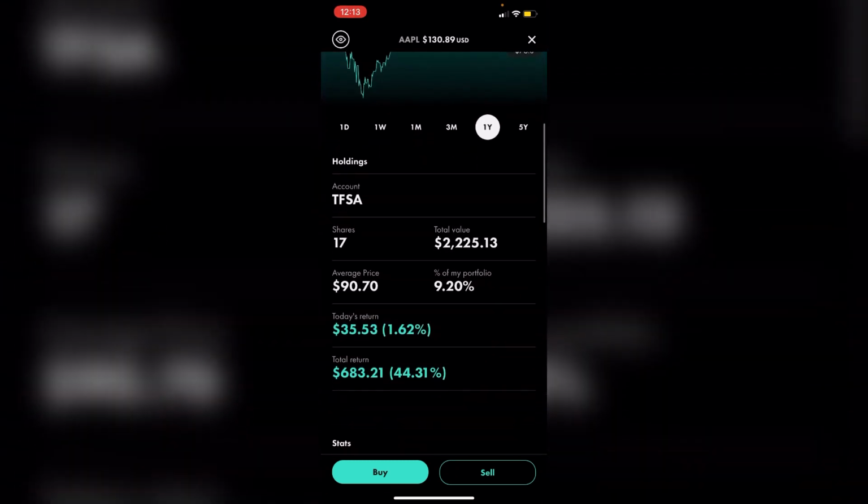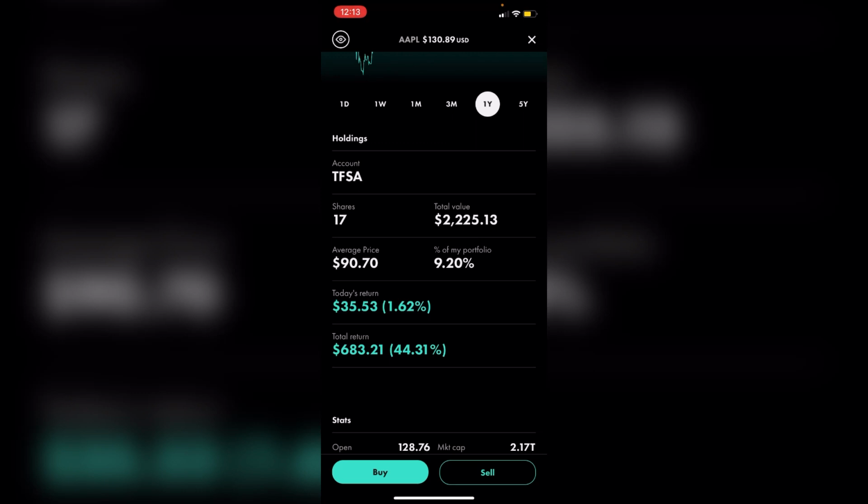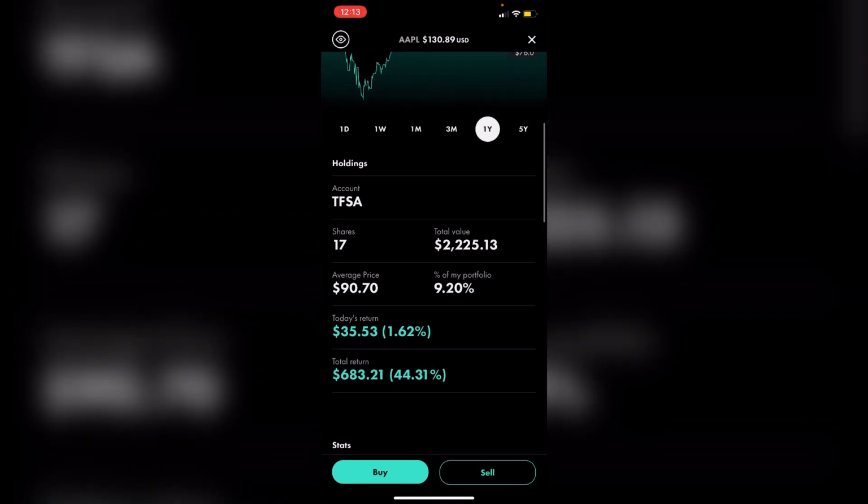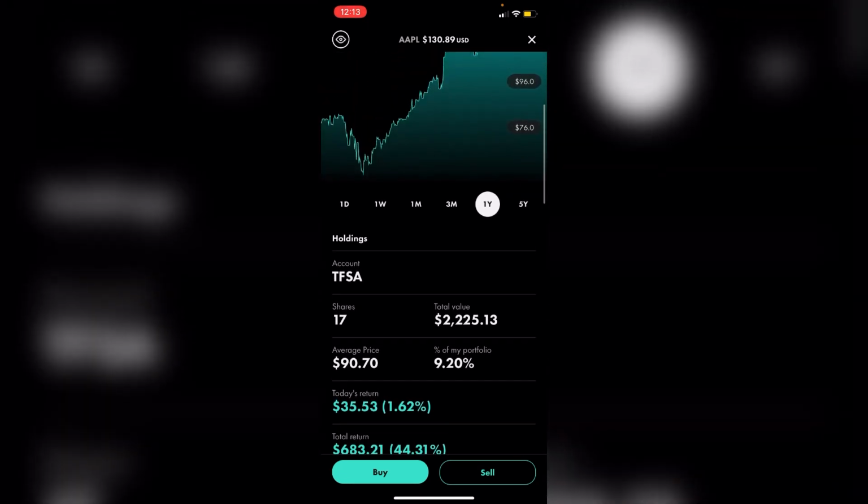Now, if you go to the bottom, I'll show you what account it's in. It's in the TFSA account. How many shares you got? 17 shares. The total value, that's the value with your total return and how much you invested in it. And we've got average price. The way average price works is it adds up from when you first bought it to when you last bought it, and divides it by the amount of shares.